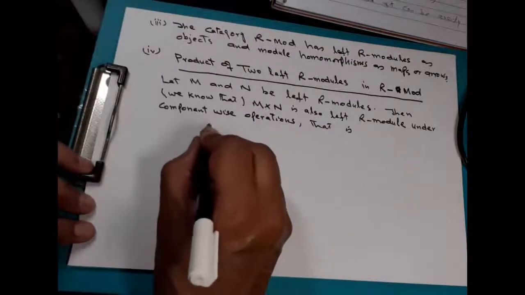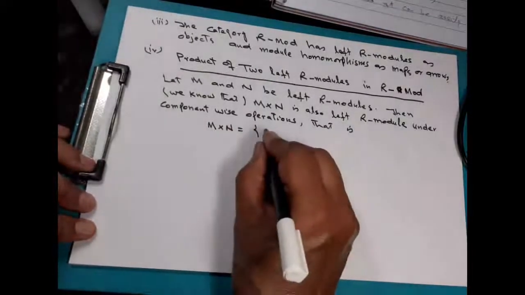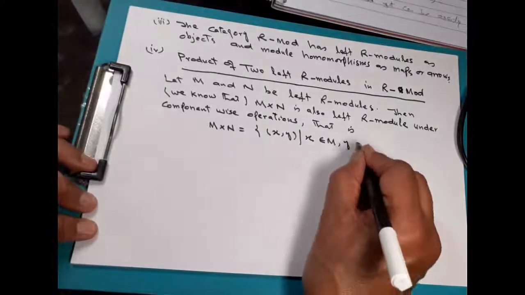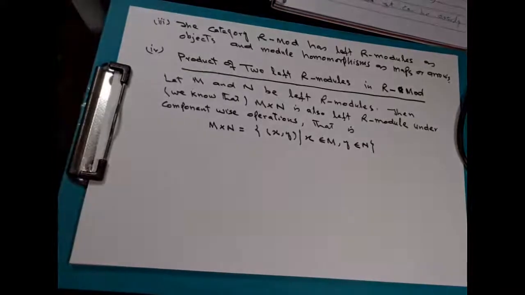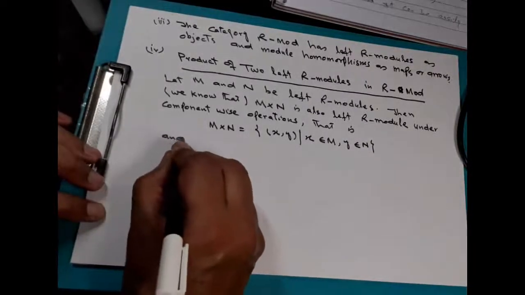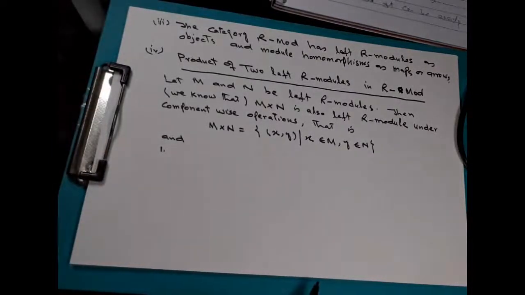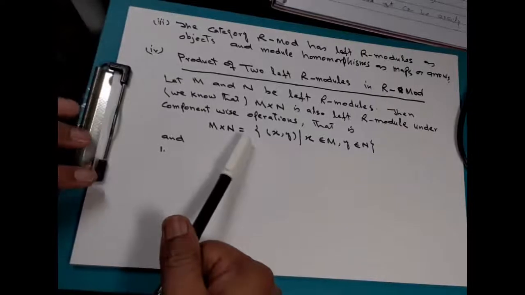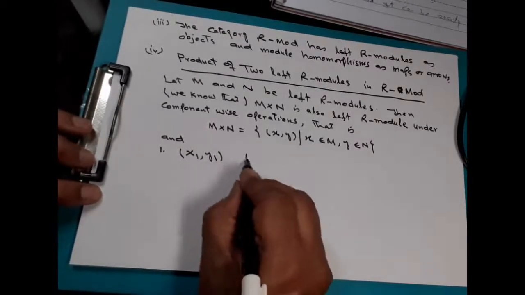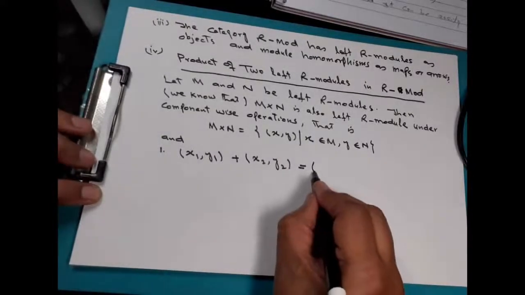First of all, let's see what M cross N is. You know that this is just the Cartesian product of M and N, that is set of ordered pairs (x, y) such that x belongs to M and y belongs to N. Now first of all we are going to define addition on M cross N. If we are given two elements (x1, y1) and (x2, y2) of M cross N, we define their addition component wise.